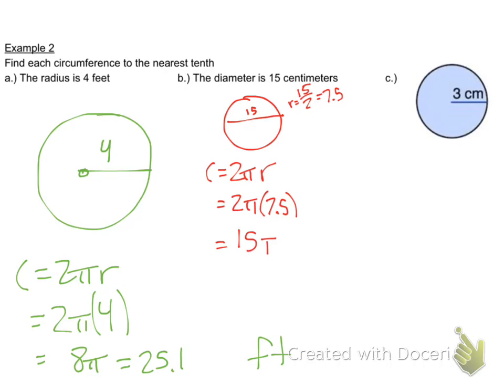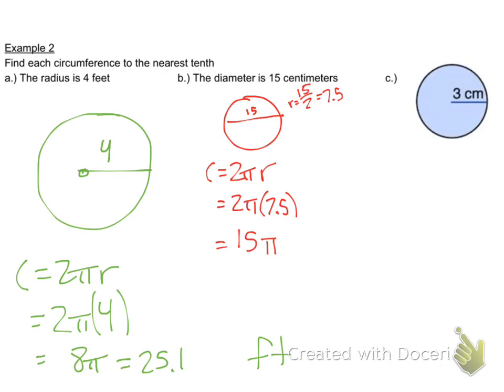It's 15. Why do I have 15 there? I just divided by 2. Guys, the radius is half of the diameter. Well, guess what? That means the diameter is twice the radius, yes?